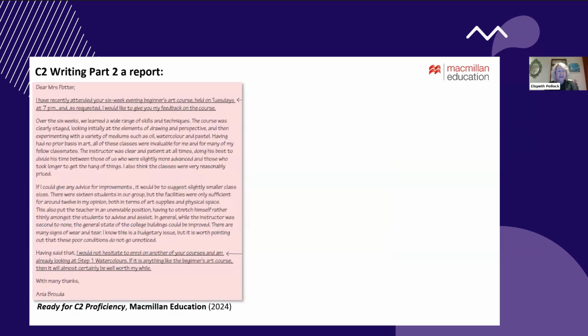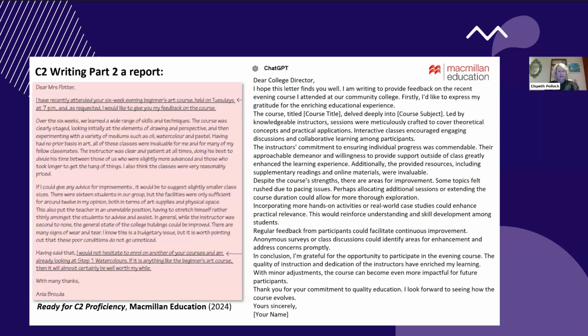The course book, this is another example of a report, a model answer that's given in the course book. What you can also do then is, if you put the same title into AI and the maximum number of words and tell it that it's CEFR C2 level, it will generate its own composition answer.